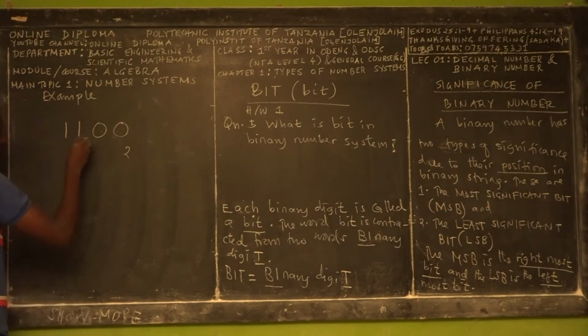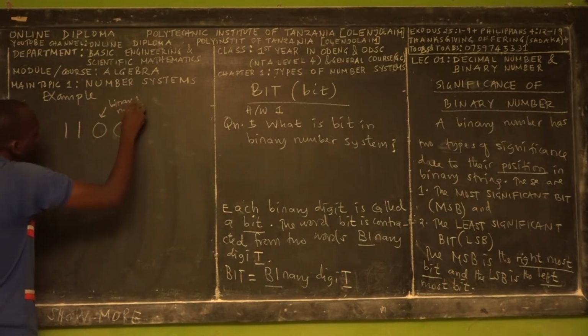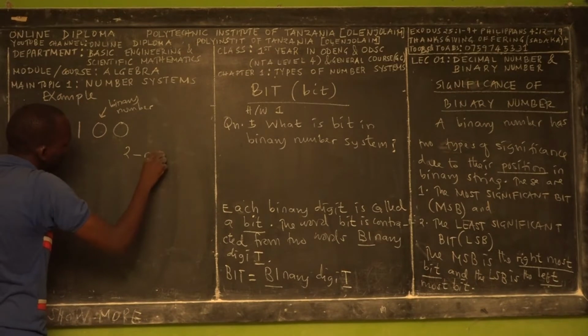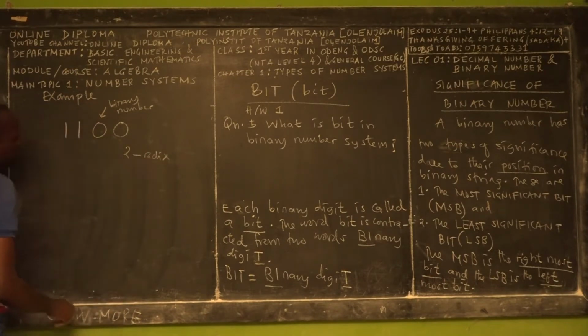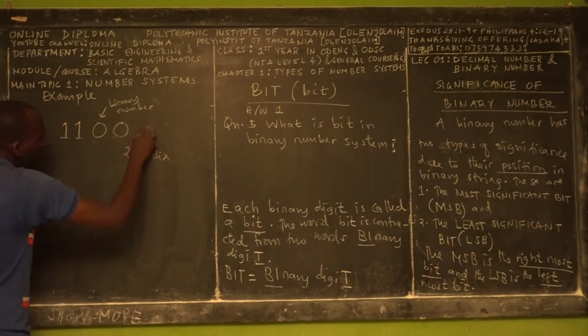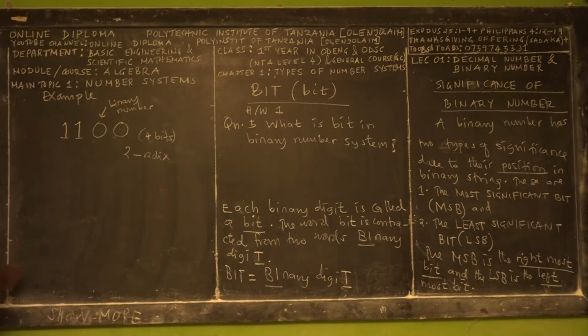So what is this? This is what we call the binary number. And what is this? This is what we call the radix of a binary number, right? And then these digits, we call them bits. How many bits are there? 4 bits, right? So for this one, you have 4 bits of information.